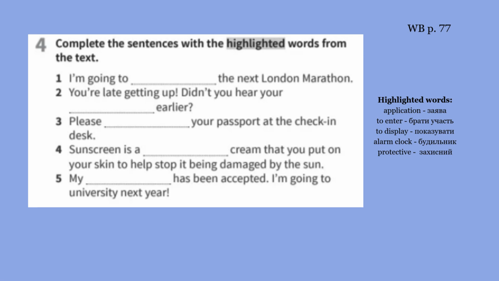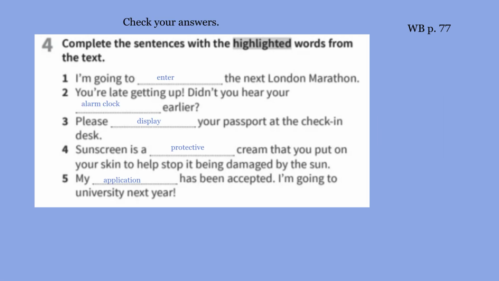Continue working on the highlighted words from the text. Complete the sentences with them. Pause the video, do the task, and then check. Listen to the correct answers in exercise 4. 1. I'm going to enter the next London Marathon. 2. You are late getting up.